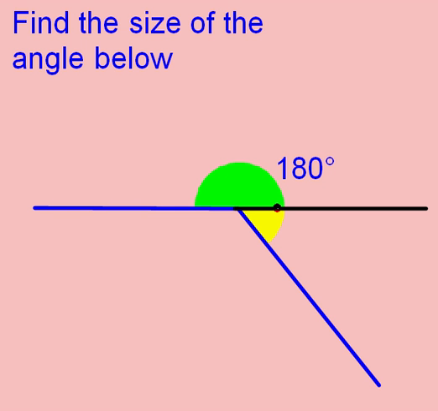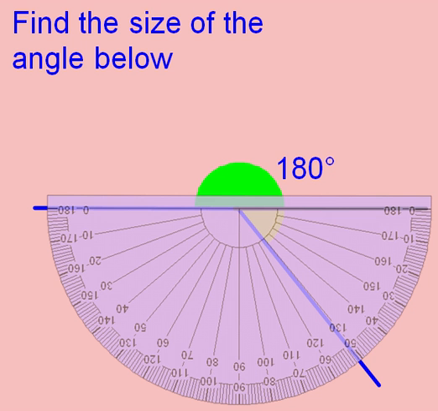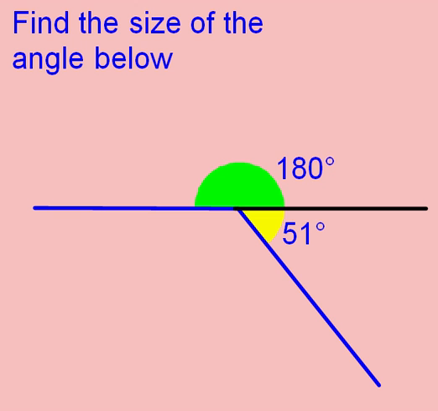All I need to do now is measure this part of the angle using my protractor. So I can put my protractor on and use the outside scale to measure that this part is exactly 51 degrees. To get the total size of the angle, I can add these two together. The answer is 231 degrees.